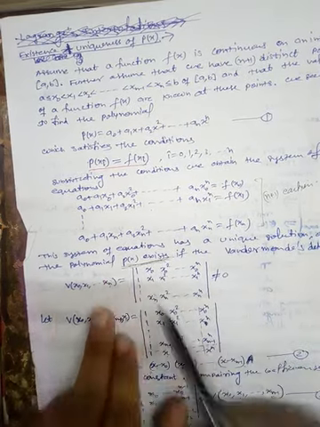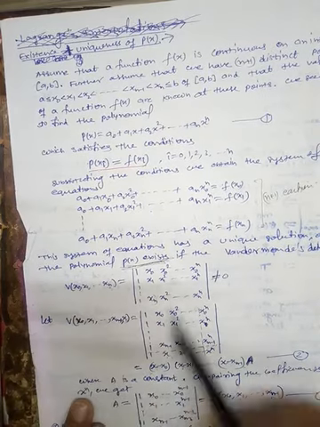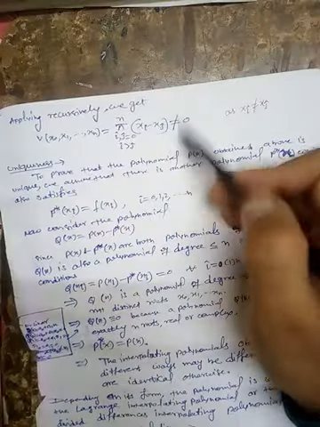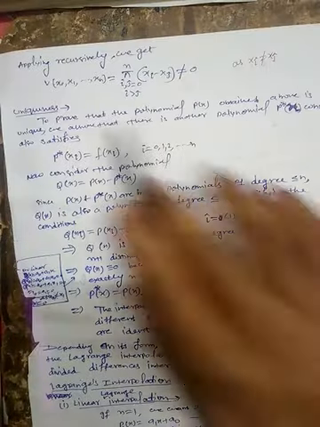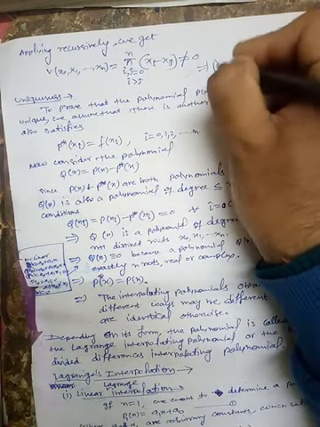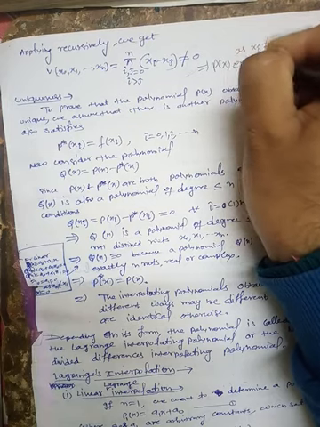So this exists because this is non-zero. We have proved that this Vandermonde is a non-zero quantity, and since the Vandermonde determinant is non-zero, this implies P(x) exists.